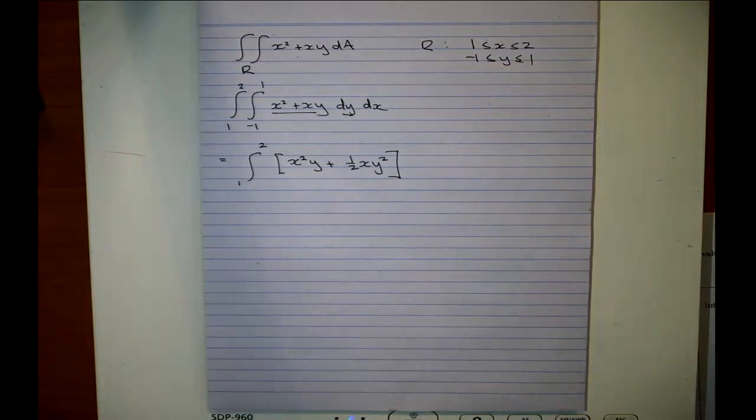And you can check your answer by partially differentiating that with respect to y, and you get back to the previous step, don't you? Again, I use square brackets just like I do when I'm doing the fundamental theorem of calculus with definite integrals. I don't care for curly brackets, I just use square.